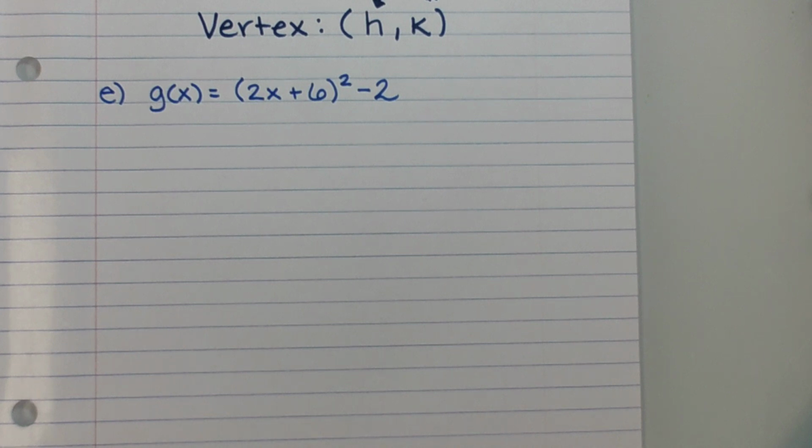If you were given something in this form and you wanted to write it back in vertex form, then what you would need to do is take that 2x plus 6 and actually square it, in other words, multiply it by itself, which you'll get 4x squared plus 24x plus 36. And then it's got this minus 2.